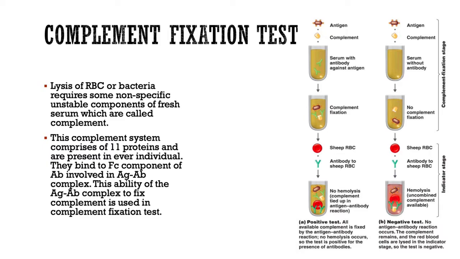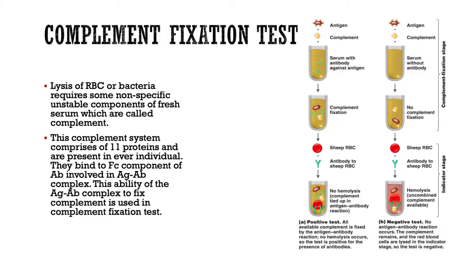Then you have to add the sheep RBC in both cases, and the antibody to sheep RBC also in both cases. But in the first case, there will not be any hemolysis. Why?